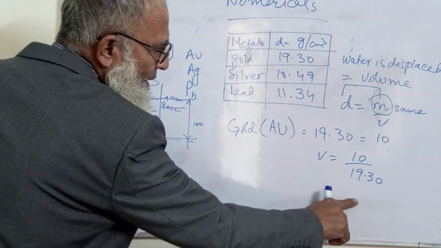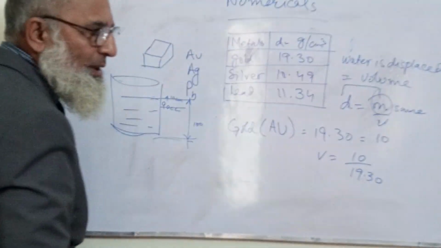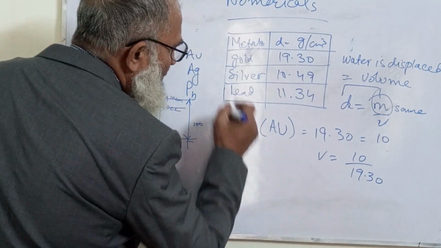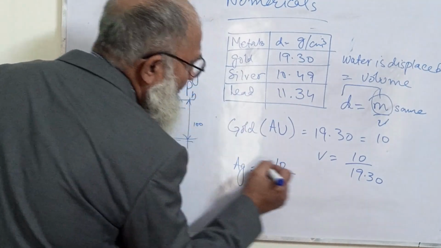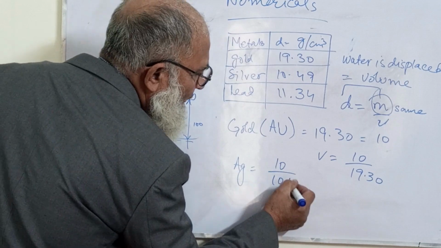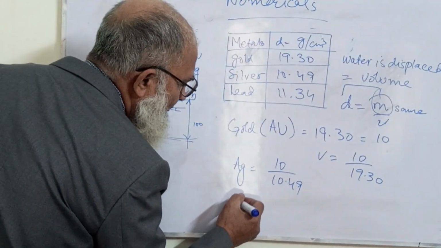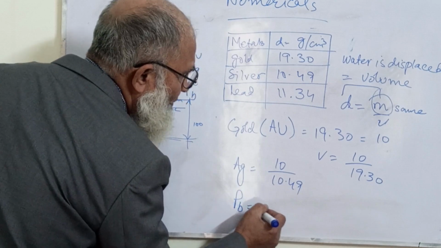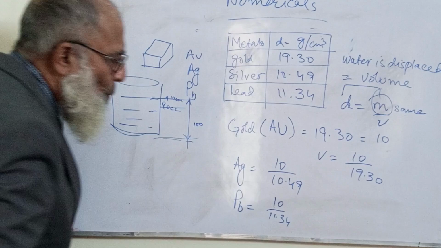For Ag, silver, it is 10 divided by 10.49, and for lead, Pb, it is 10 divided by 11.34.